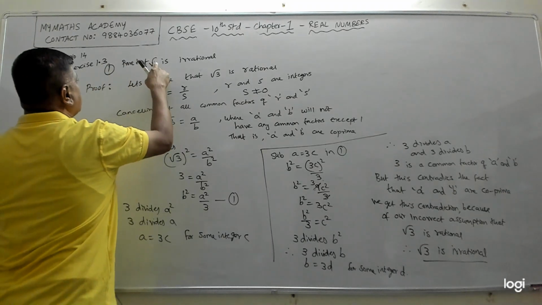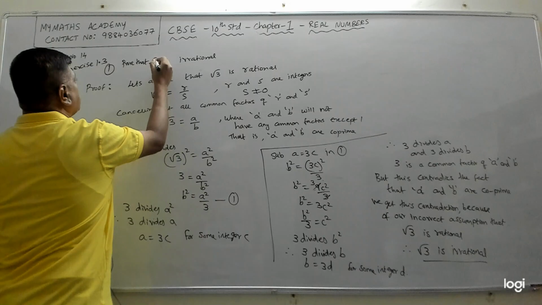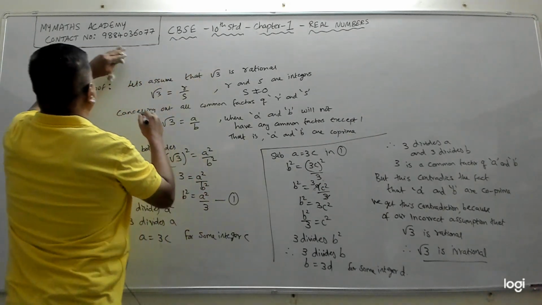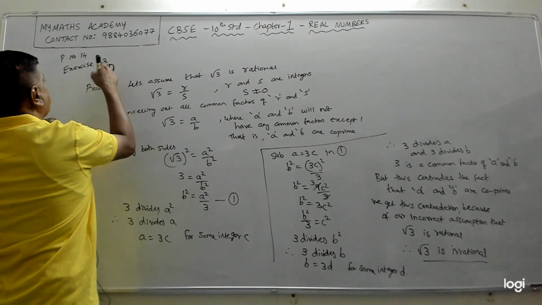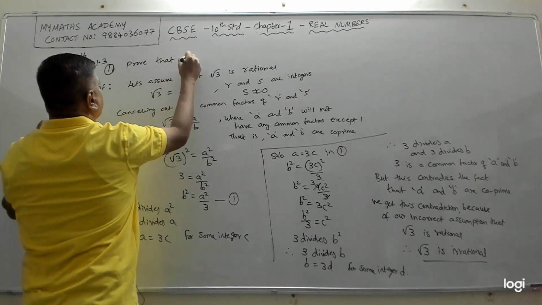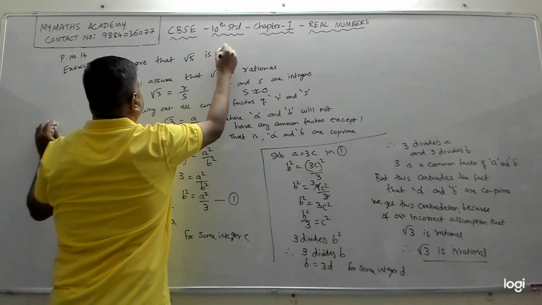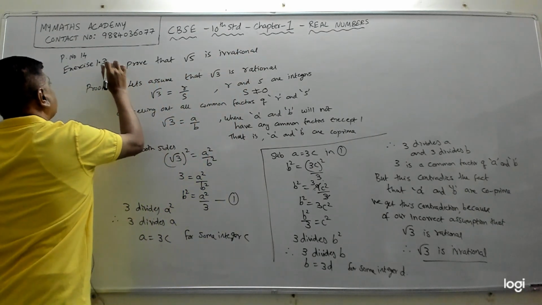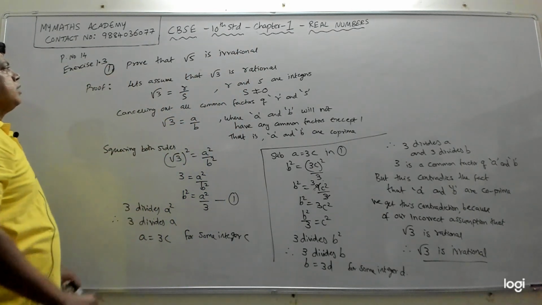Prove that root 5 is irrational. You have to prove the first problem in exercise 1.3. Prove that root 5 is irrational. Clear? You have to prove that root 5 is irrational.